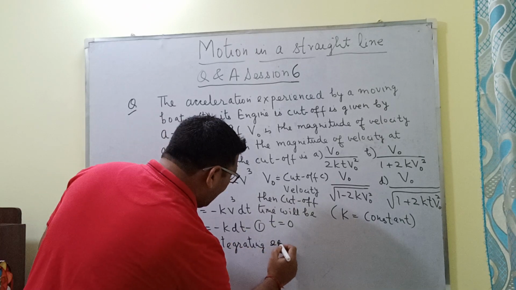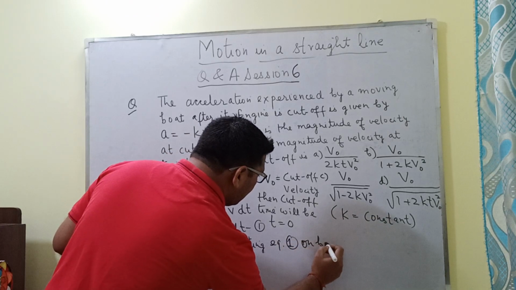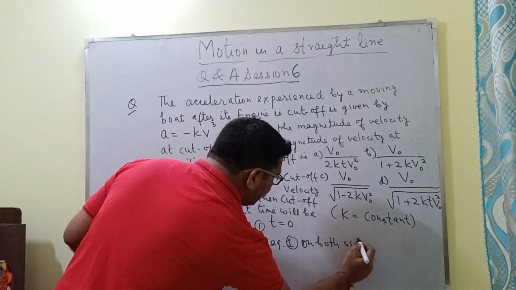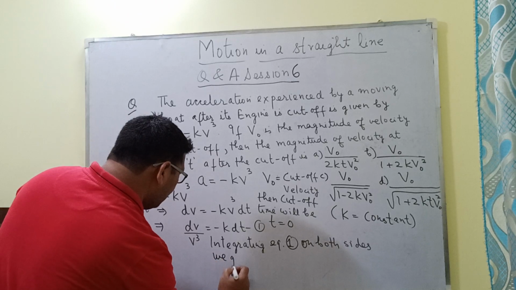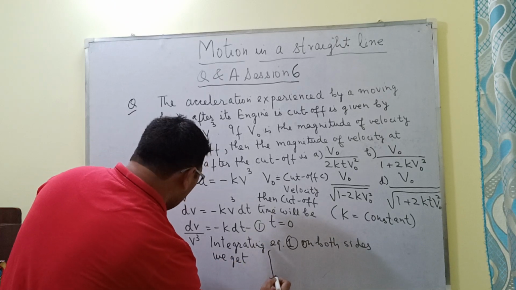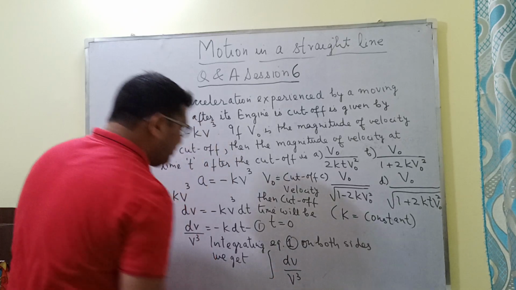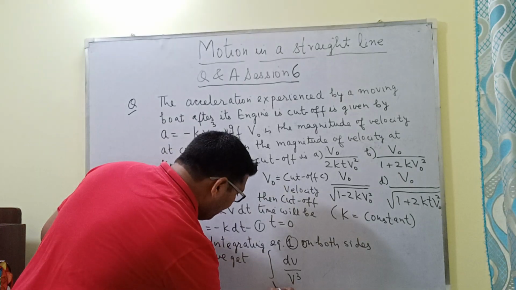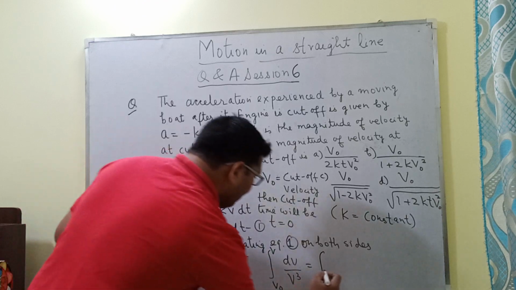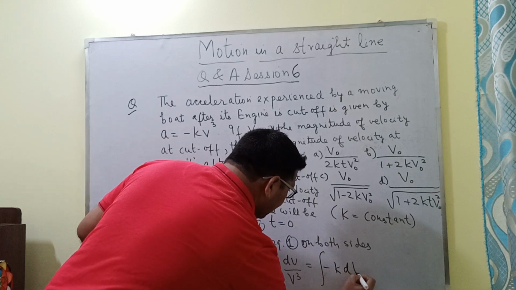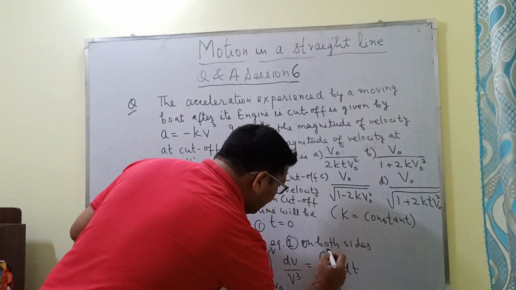So integrating equation 1 on both sides, we get the integral of dv upon v cube, and this will be integrated from v naught to v, and this will be integrated as minus k dt from t equals 0 to t.